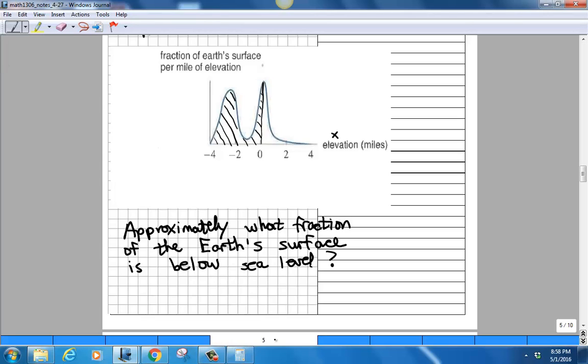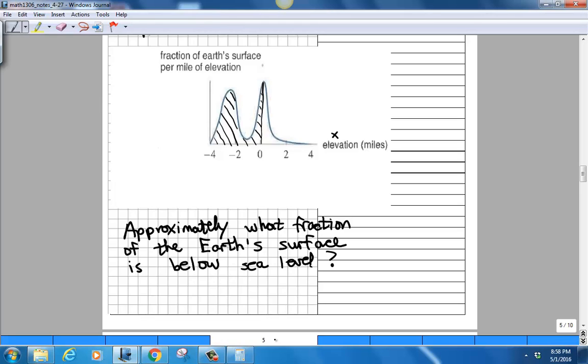But we can at least get a decent estimate by keeping in mind that the total area beneath this density function is exactly 1. That's the way density functions are designed. So keeping in mind that the total area beneath this curve is 1, we look at the shaded area and make an estimate for how much of that total area of 1 is in this shaded portion.